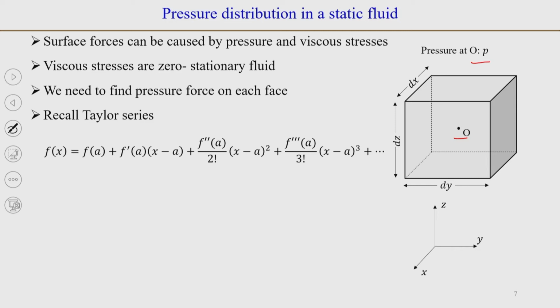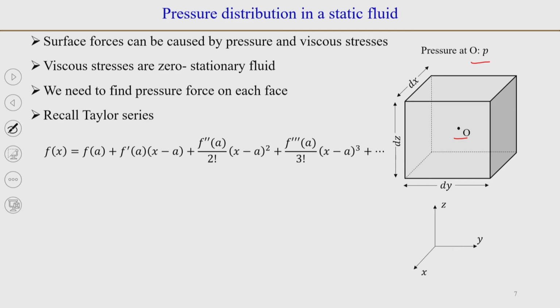Now, we need to obtain the pressure on all 6 faces of the body and multiply it by the area, or area vector. So, we will get the force on 6 surfaces and then we sum it up together. Then we will get the total surface force that is being exerted on this fluid element.